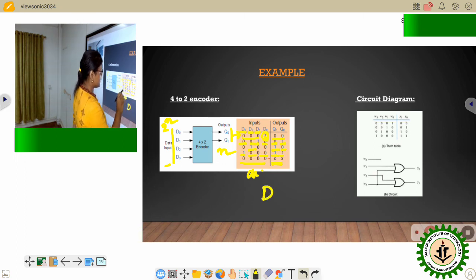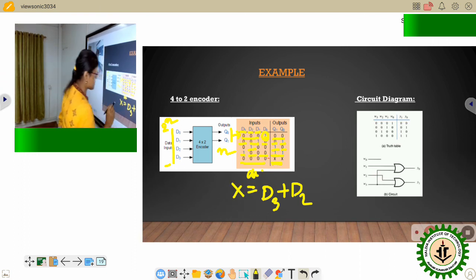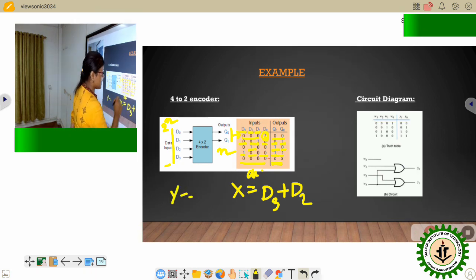Suppose we are taking x is equal to D3 plus D2, and for y we are taking D1 plus D3. So by means of a circuit diagram, we can draw this circuit like this.